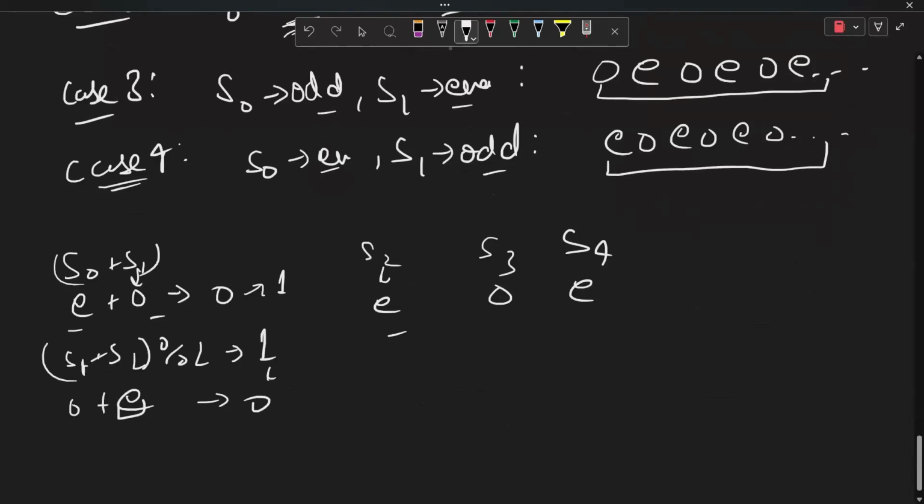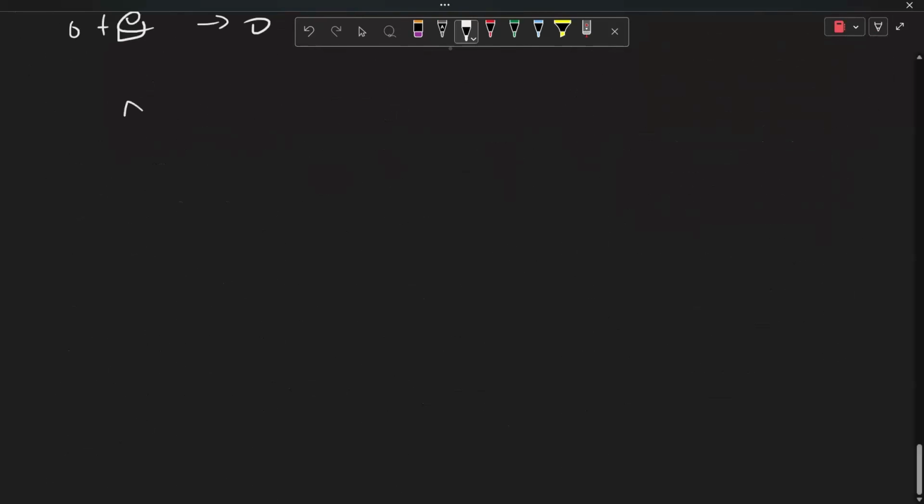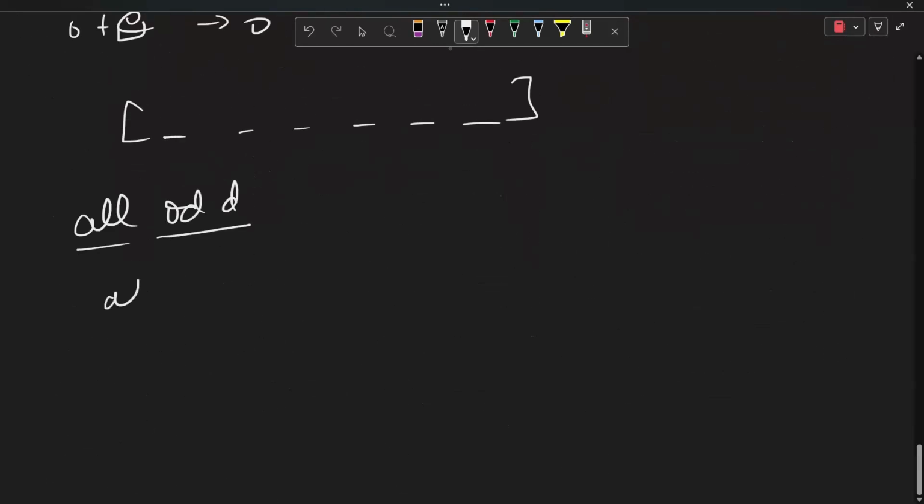Now you are given an array. You have to take a subsequence from that array. How can you take a subsequence such that it satisfies either of these four cases? Either you can pick all the odd numbers, or you can pick all the even numbers, or you can pick alternate odd and even numbers.